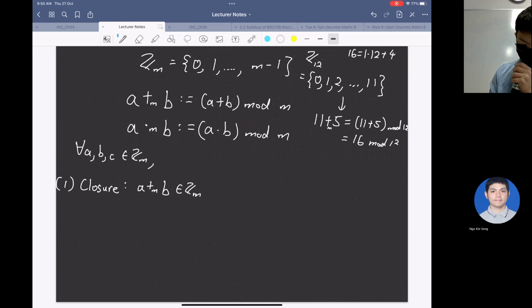So 4 is the remainder, so it's equal to 4. When it's equal to 4, it jumps back into the set. So you always live in the set when you do the operation. This is what closure means. You can also test A times B under this special operation is also living in Zm.